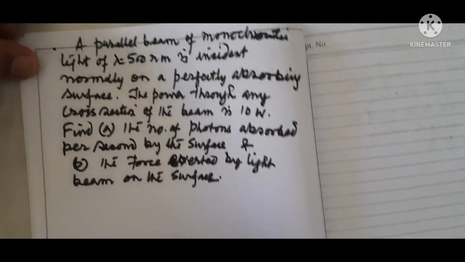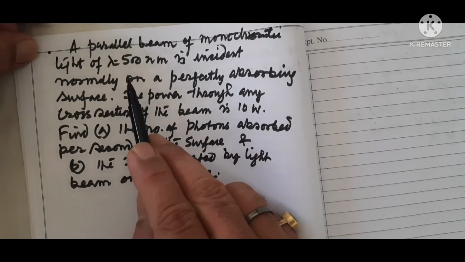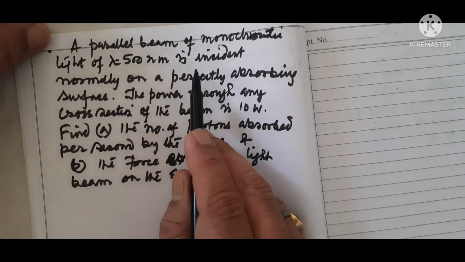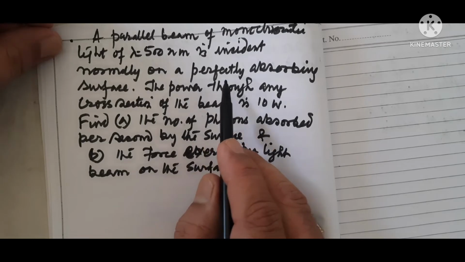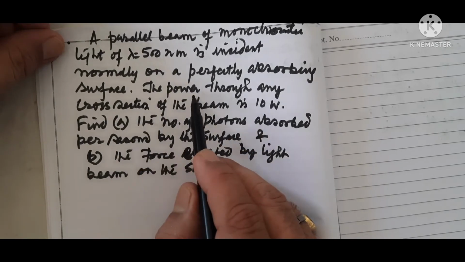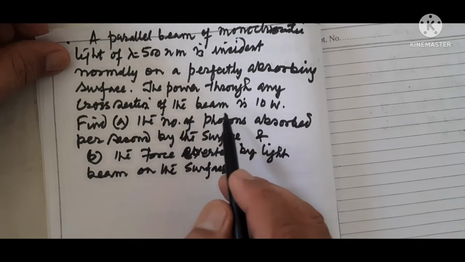Another typical question: a parallel beam of monochromatic light of wavelength 500 nanometer is incident normally on a perfectly absorbing surface. The power through any cross section of the beam is 10 watt.